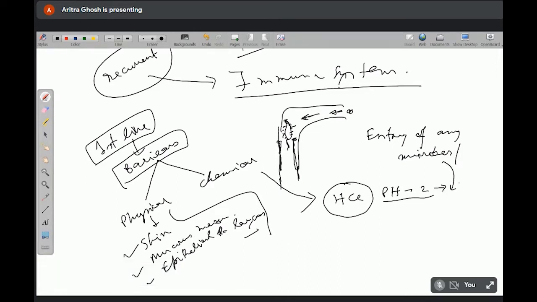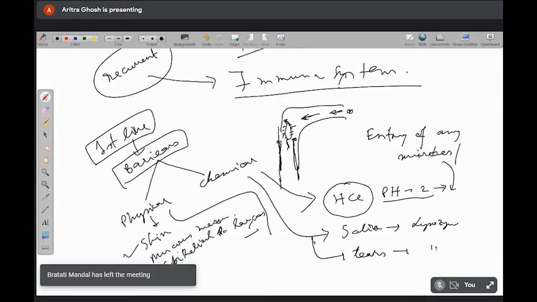Now suppose these bacteria are very intelligent to pass through this barrier and come to this innate defense mechanism. Now in the similar picture, this is our throat, the mucous membrane is there, bacteria enters into the tissue. Now I am drawing a tissue. This is suppose a tissue.